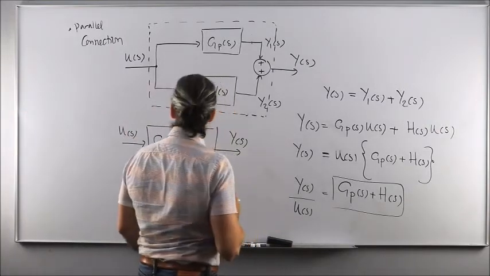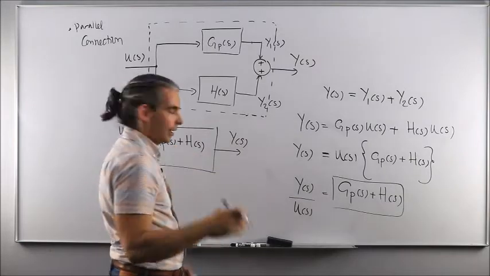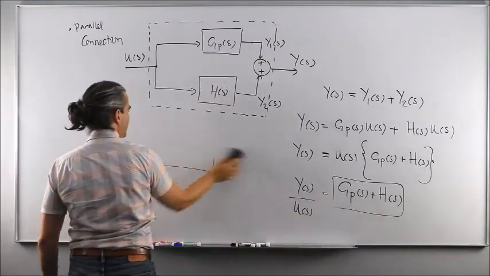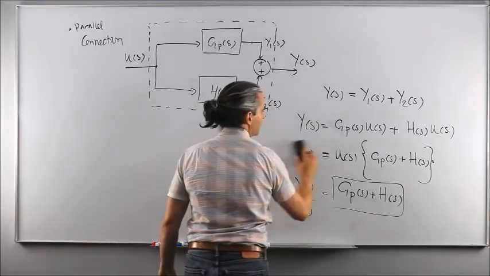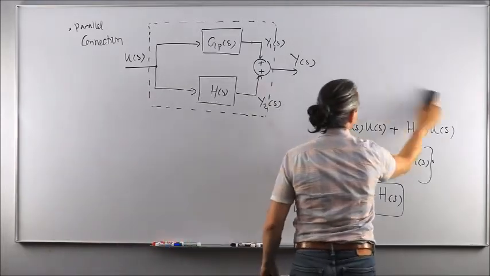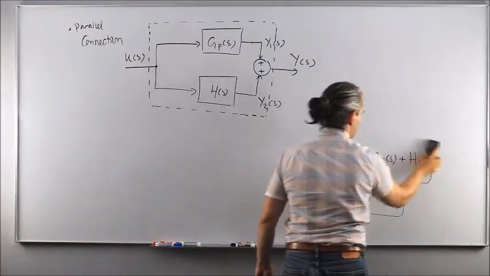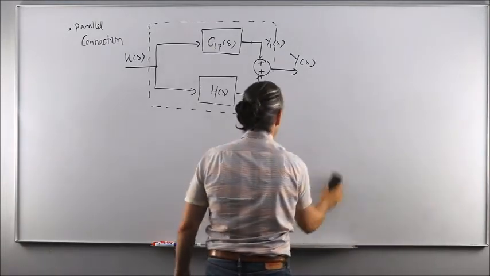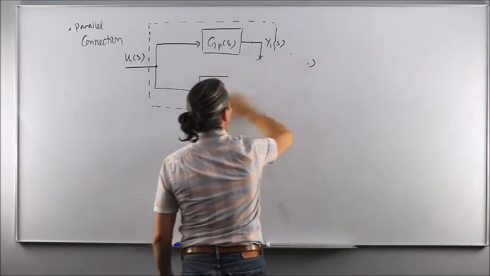Okay. The third type of connection I'd like to go over with you today is known as the feedback connection. And the reason for that is because, well, surprise, surprise, in feedback control systems, we will often encounter a feedback type of connection.